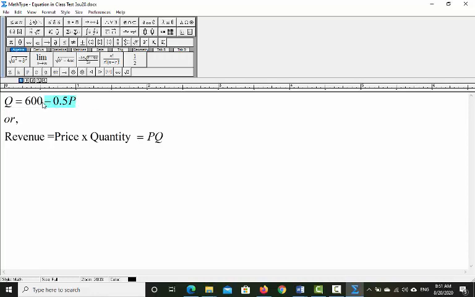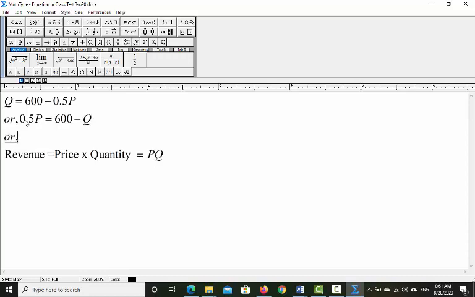If you bring this to the left hand side, we will have 0.5P is equal to, and if you bring Q to the other side, 600 minus Q. We want to find P, so we can multiply both sides by 2.